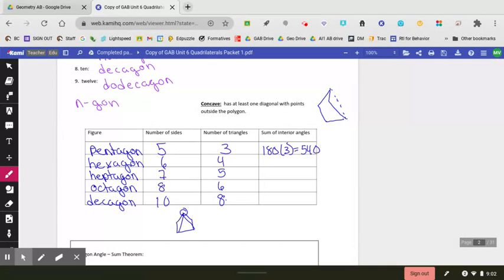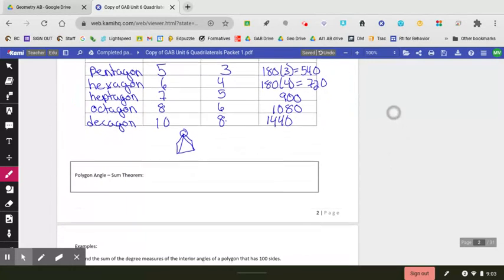So I get 540 for a pentagon. 180 times 4 gives me 720 for a hexagon. 180 times 5 gives me 900 for a heptagon. 1080 for an octagon. And 1800 for a decagon. I'm sorry, that's wrong. 1440 for a decagon.